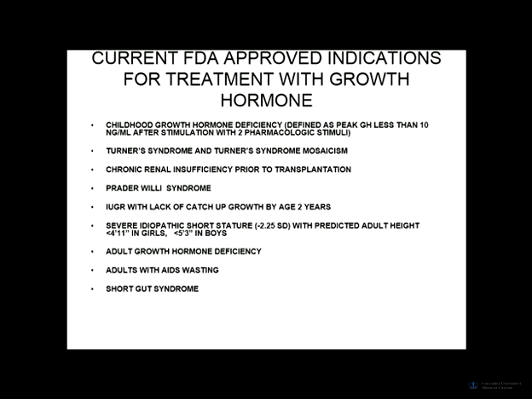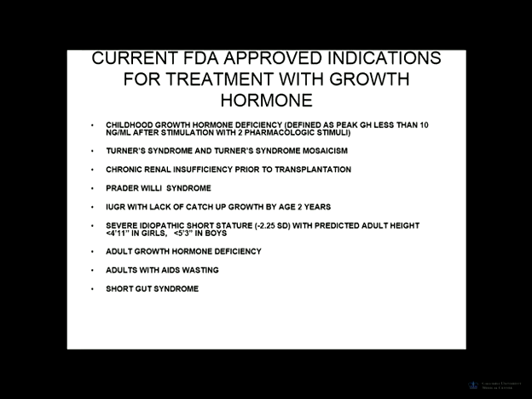These are the currently FDA-approved indications for treatment with growth hormone. Peak growth hormone less than 10. They like to hold on to that number. Turner syndrome and mosaicism, chronic renal insufficiency, Prader-Willi, intrauterine growth retardation with lack of catch-up. We'll talk about that in a few minutes.